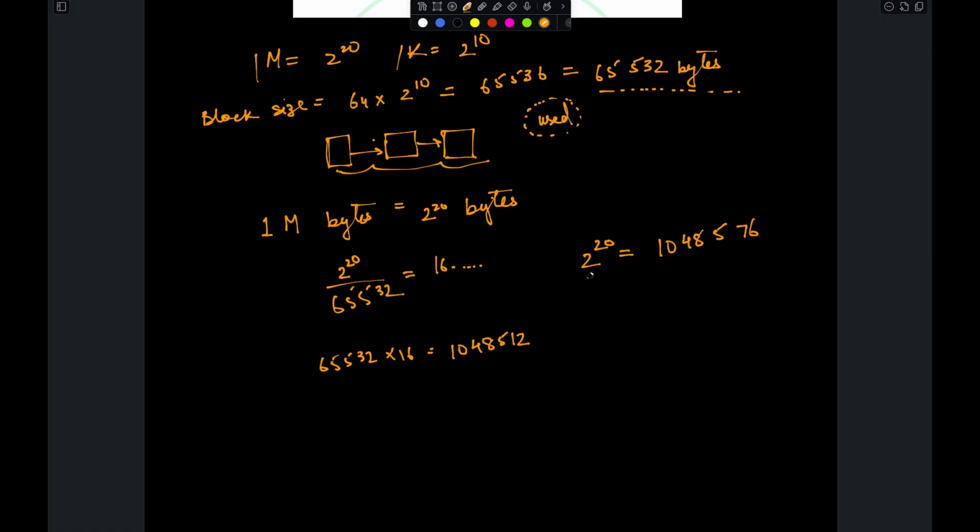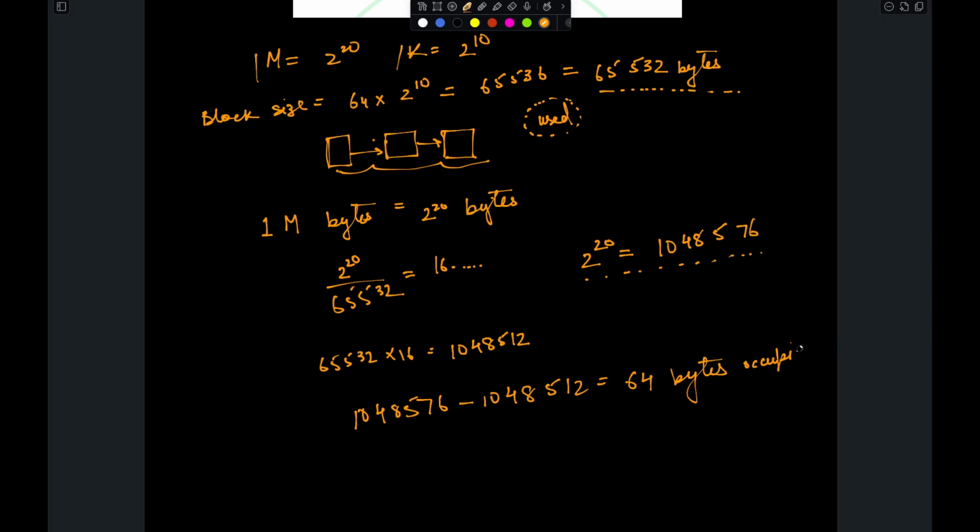And since this is the total amount of data that we need to store, you would see that we are left with 64 bytes that is occupied.